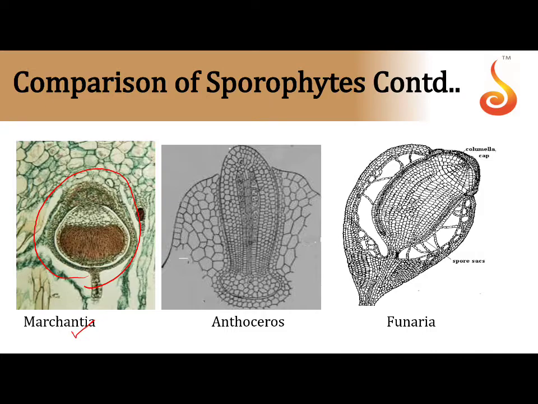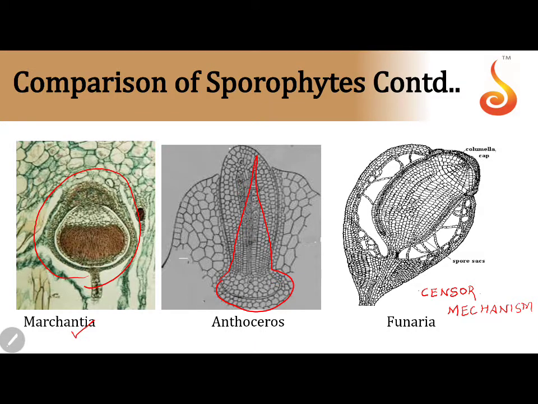Whereas in Anthoceros, this structure stands like a horn-like structure. The sporophyte looks horn-like. In Funaria, you have a highly developed capsule and a very good mechanism of spore dispersal, that is the censor mechanism. I am going to show you a picture.